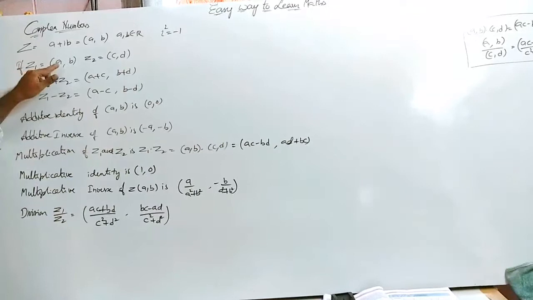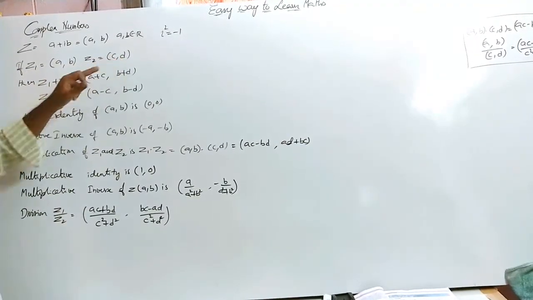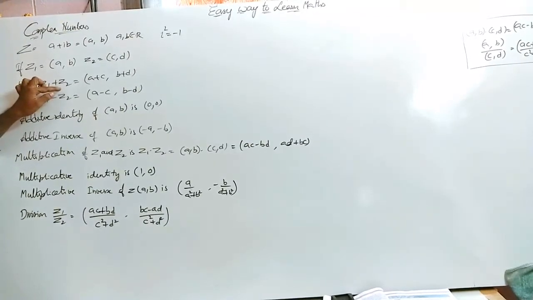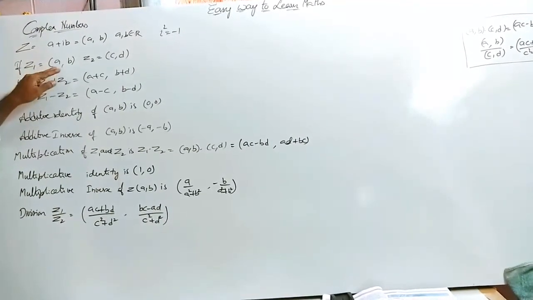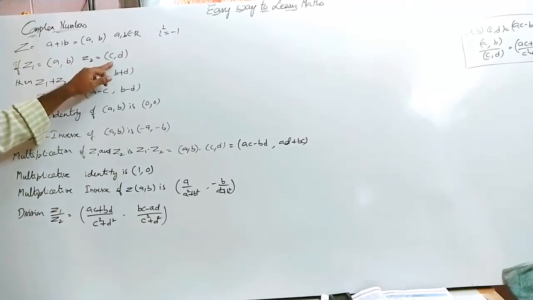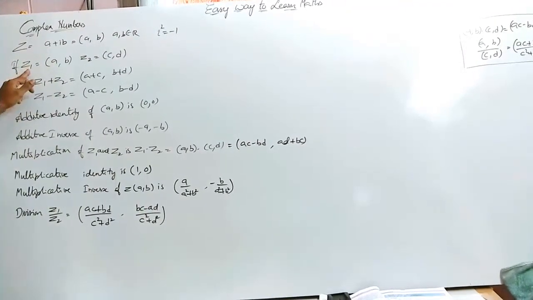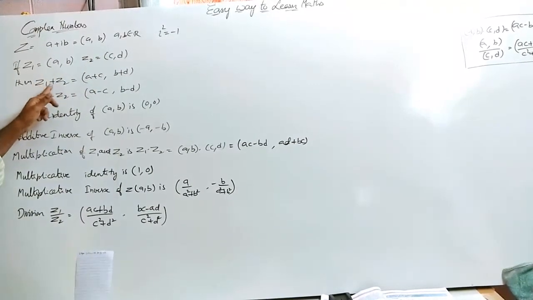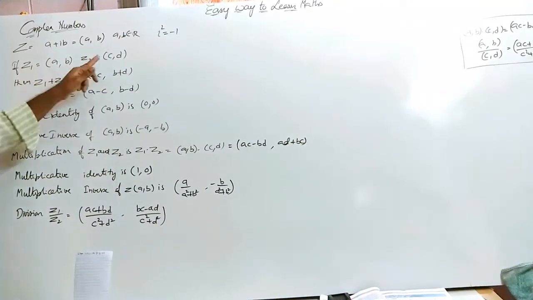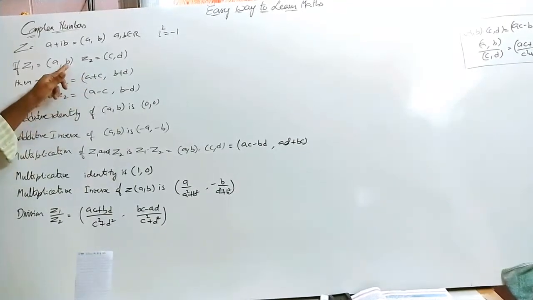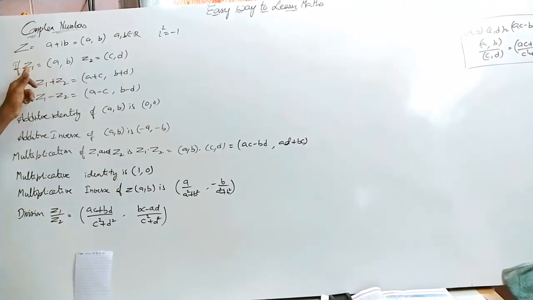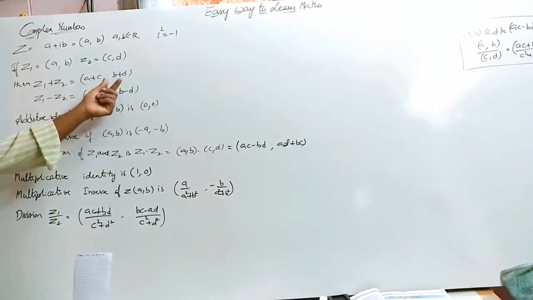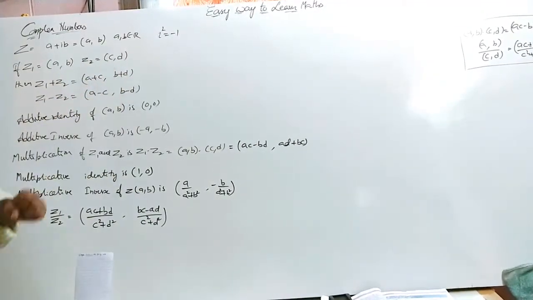Then the sum of the complex numbers: you have to add only real part to real part. The real part of Z1 is a and the real part of Z2 is c. Therefore, Z1 plus Z2 becomes real part a plus c, and similarly the imaginary part of Z1 is b and the imaginary part of Z2 is d, so their sum becomes b plus d.